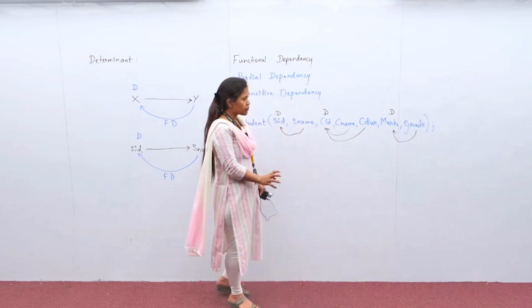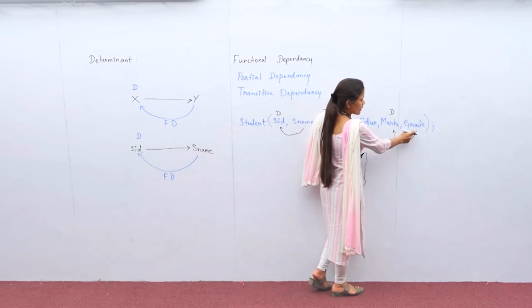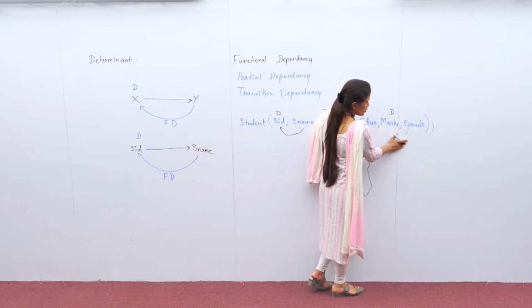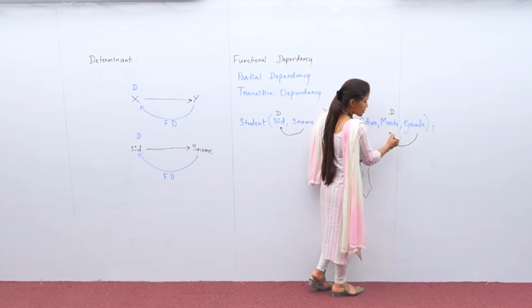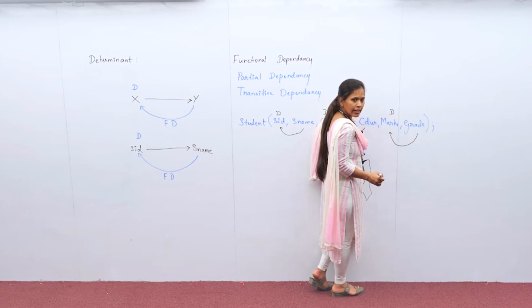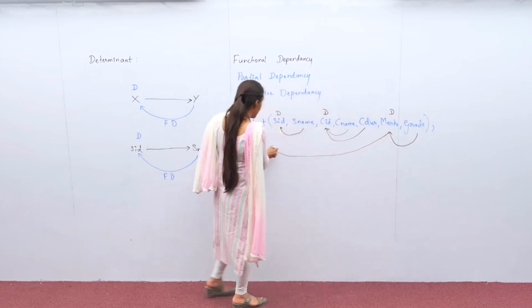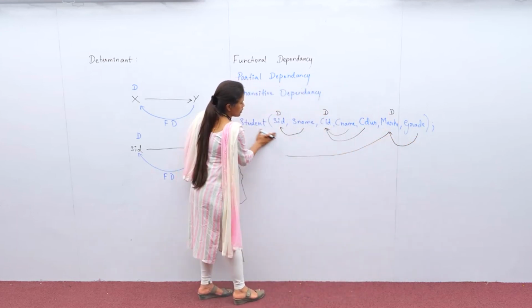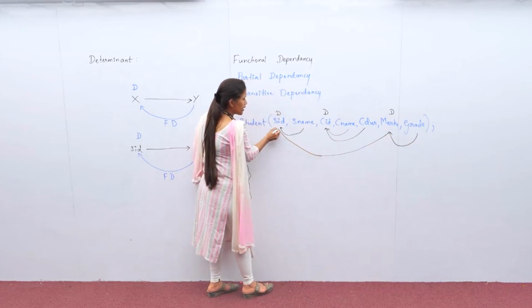Properly observe here, dear students. This grade is dependent on marks. Correct? Grade is dependent on marks. Don't you think this marks is again further dependent? Oh, sorry. It is again further dependent on the student ID.